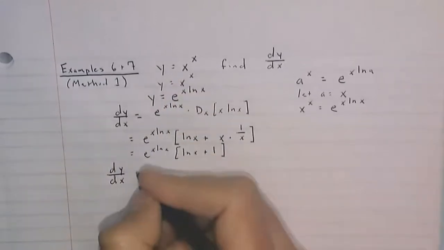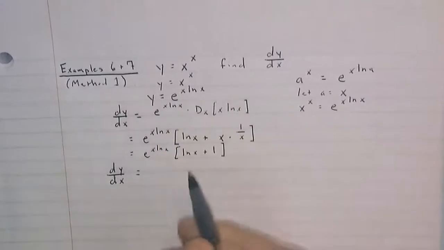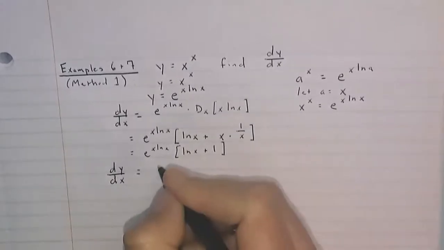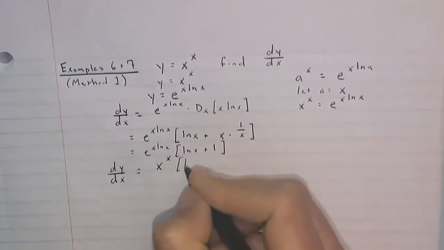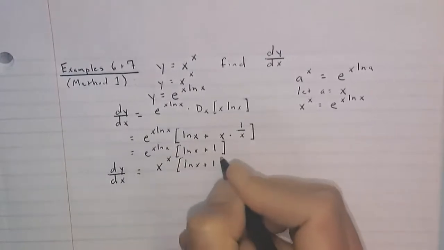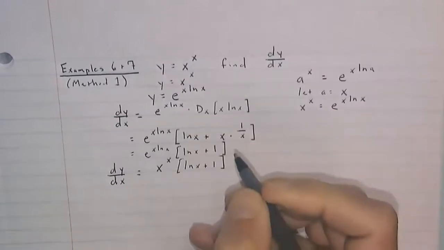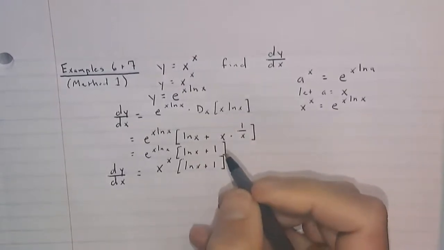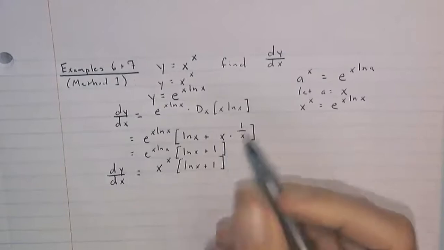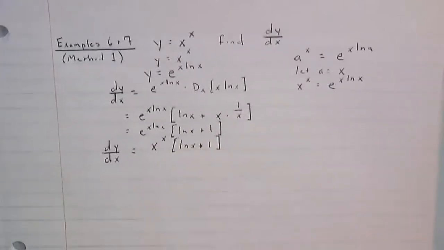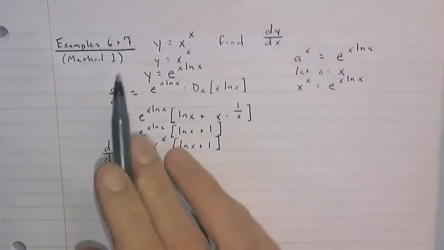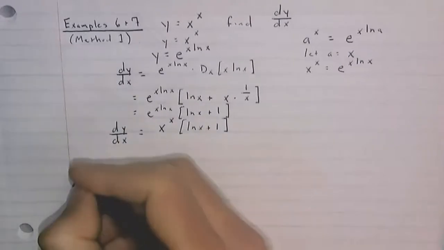And so our final form of the derivative, we're going to say, is equal to x raised to the x times the ln of x plus 1. Cool. Cool, cool. I said there was 2 methods because this is example 6 and 7. So let's see method 2.